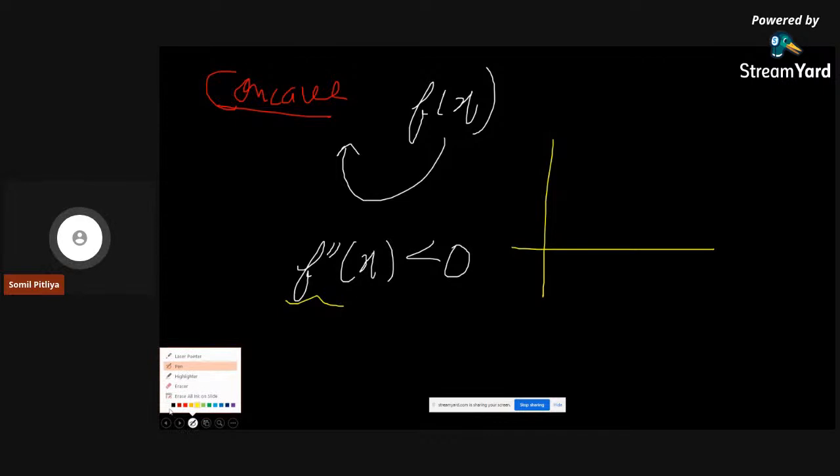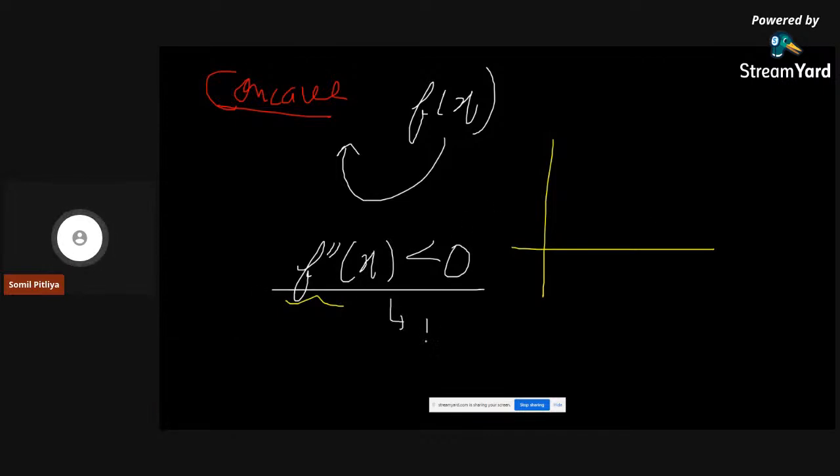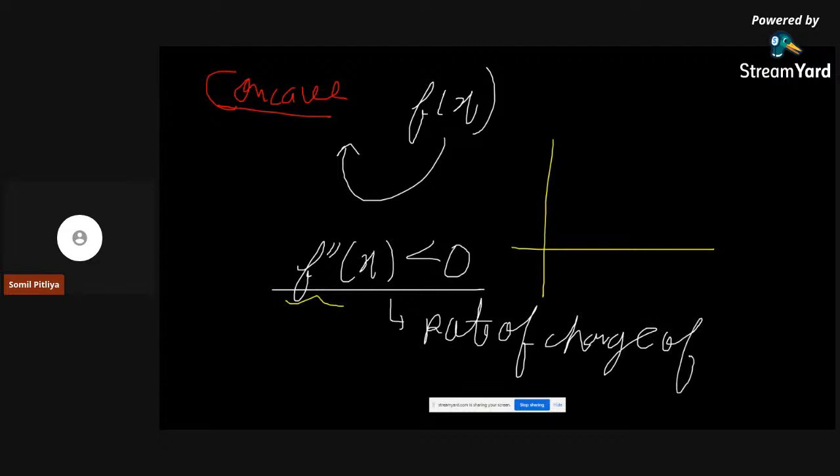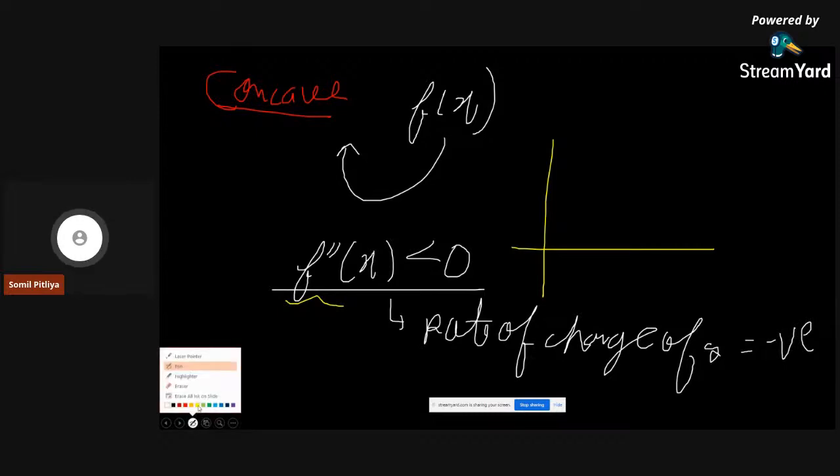So what I have is the graph where f''(x) is less than 0, so the rate of change of slope is negative. My slope was increasing, and then it goes on decreasing.